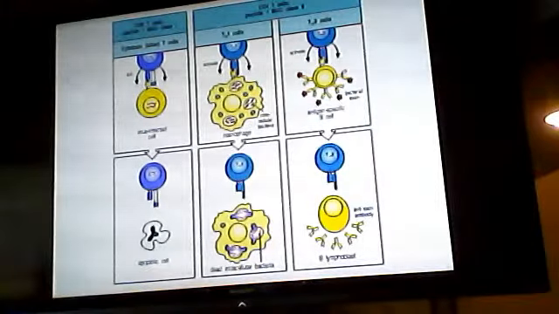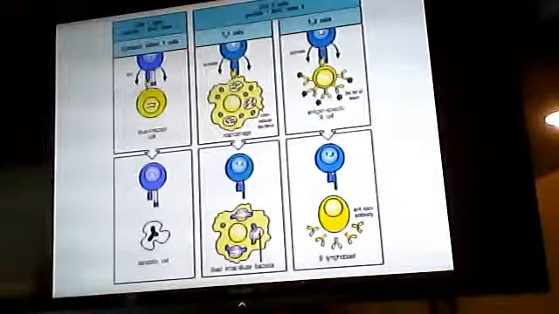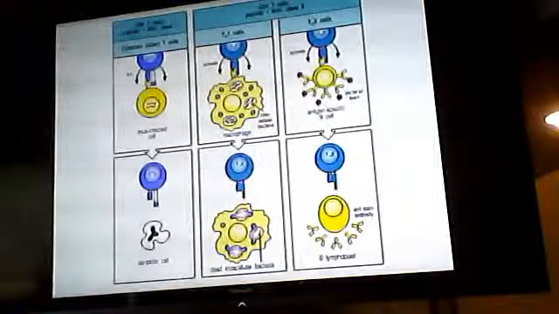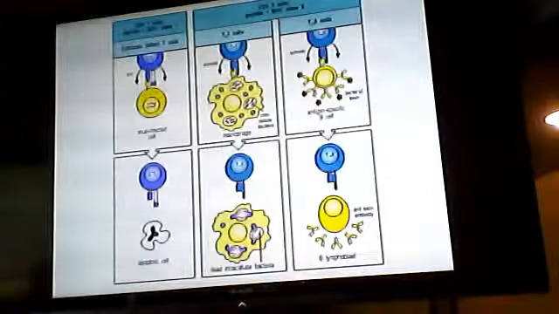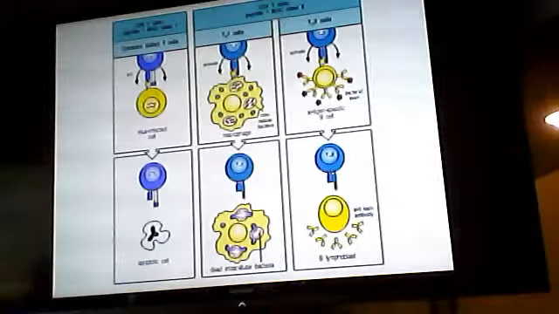So that's class 2, okay? That's the difference. It's very slight, but MHC class 1, self, CD8, cytotoxic T cells. MHC class 2 deals with CD4 T helper cells, deals with foreign antigen.